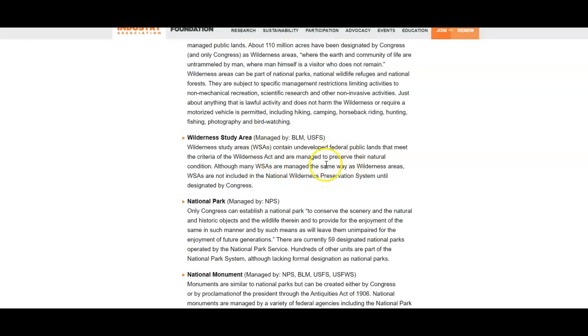This is not as restrictive, but it does require that agencies look at these lands for their potential to become wilderness areas. And wilderness areas have to be, I should have mentioned, approved by Congress. Wilderness study areas do not.